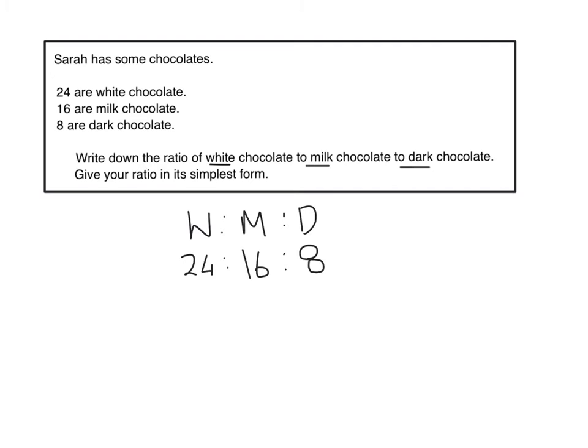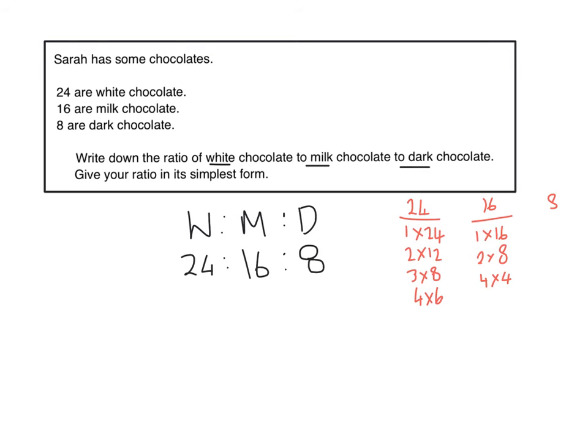Now if you really needed to, you could use your factor pairs. I'm just going to quickly do that down the side. So factor pairs are 24, 1 times 24, 2 times 12, 3 times 8, 4 times 6, 5 doesn't go into it, so I'm done. 16, 1 times 16, 2 times 8, 3 doesn't go into it, and then 4 times 4.